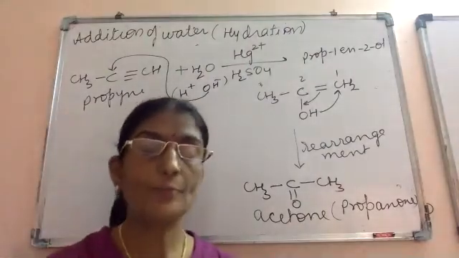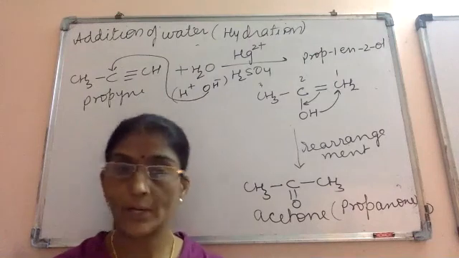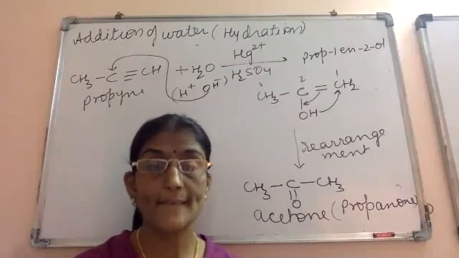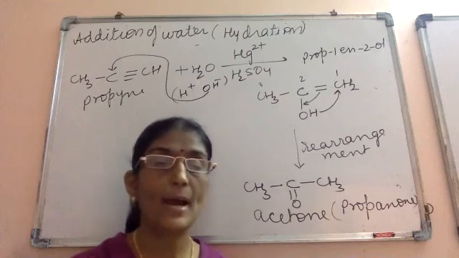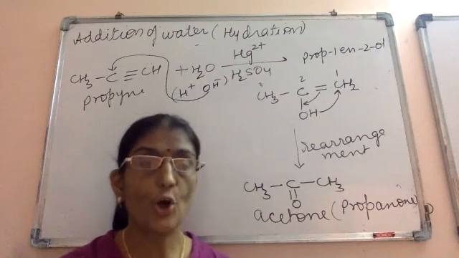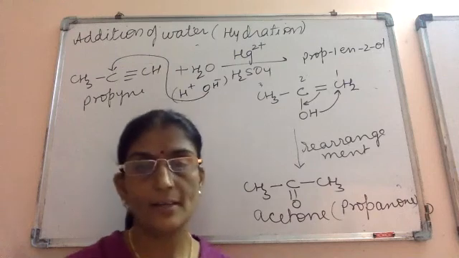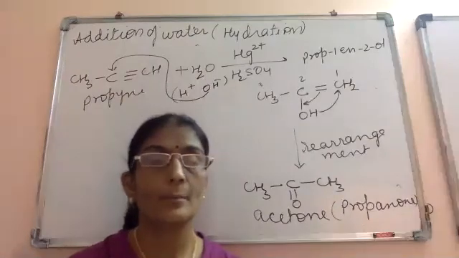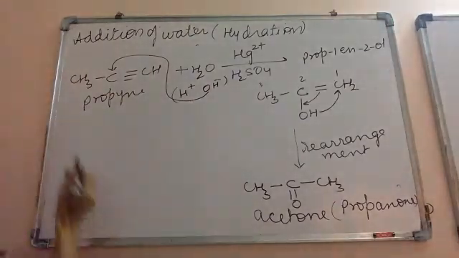So addition of water on alkyne gives aldehyde or ketone. Only one alkyne gives an aldehyde, that is ethyne. Only one aldehyde is formed by addition of water on alkyne, and that is acetaldehyde. For any other alkyne you add water to, what will be the product? Ketone. This point has to be remembered. What is that?